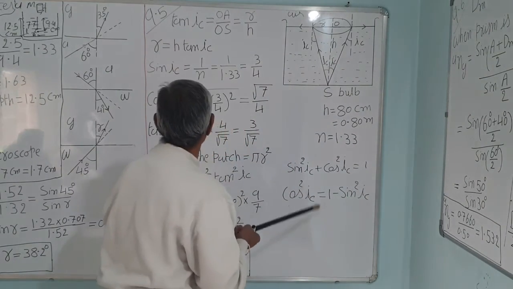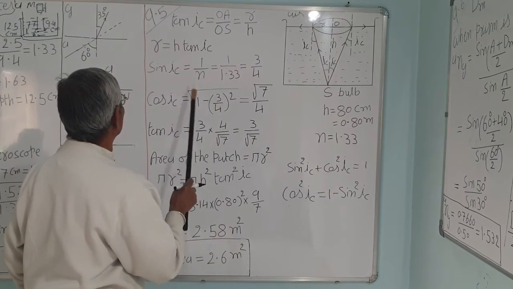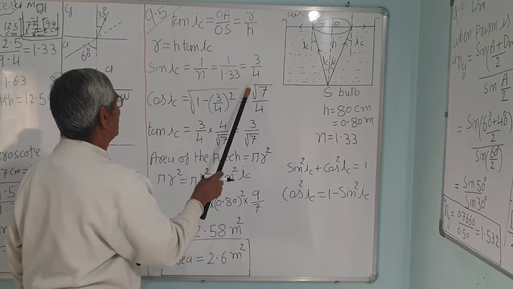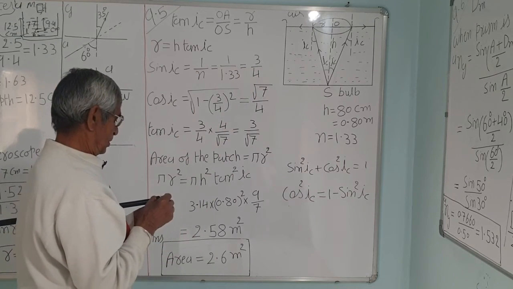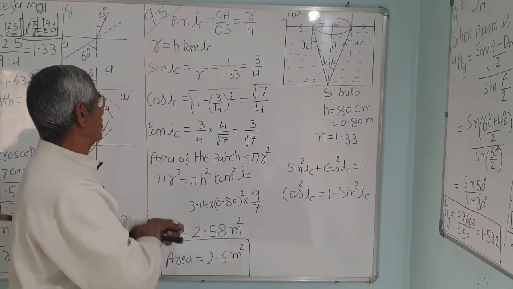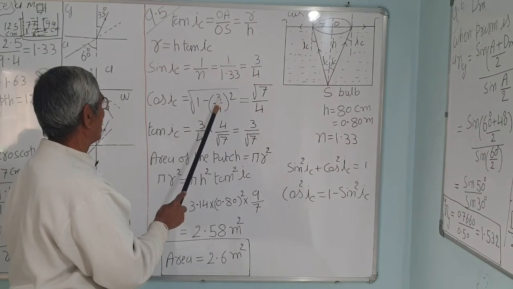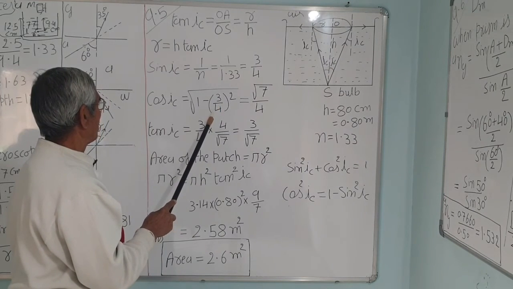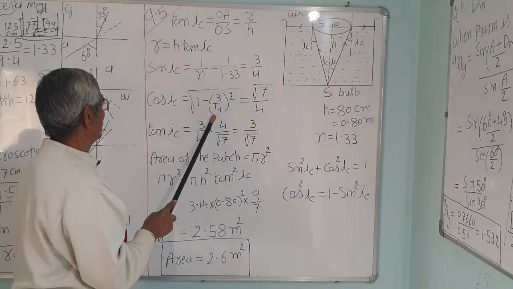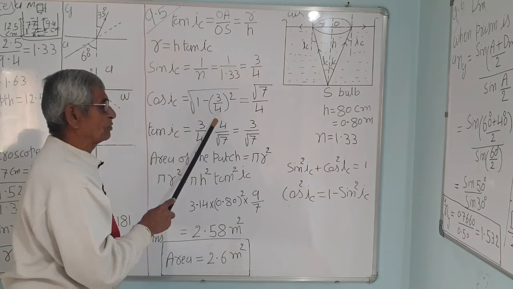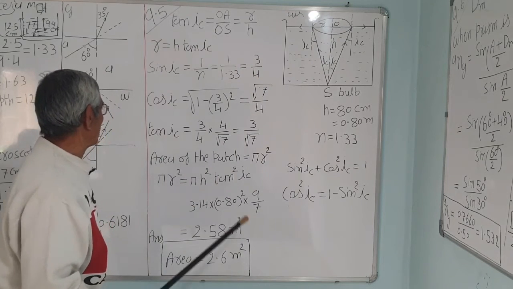So cos IC is equal to the square root of this, and sin IC is 3 by 4, so sin square is equal to 3 by 4 squared, correct? So that comes about under root 7 by 4. This is 9 upon 16. So 16 minus 9, that is 7, 7 upon 16. The square root of 16 is 4, and square root of 7, that is under root 7 by 4.